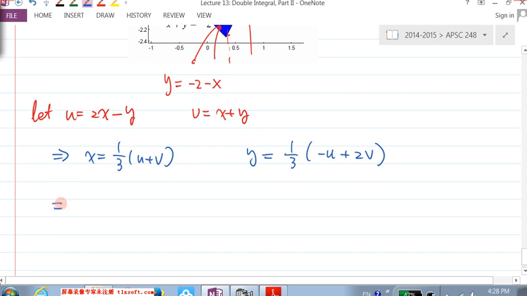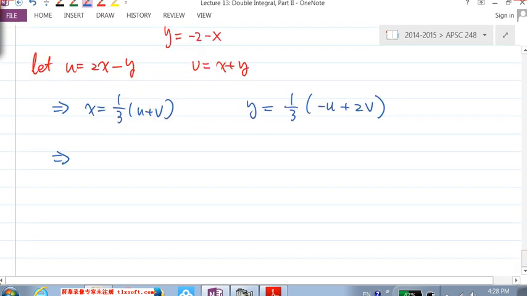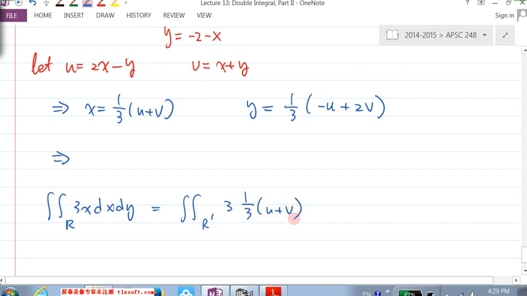So then, remember the question. The question is to convert the original double integral into a new double integral, okay? So the x function is replaced, and dx dy is going to be replaced by dv du, and the scaling factor here is going to be what?